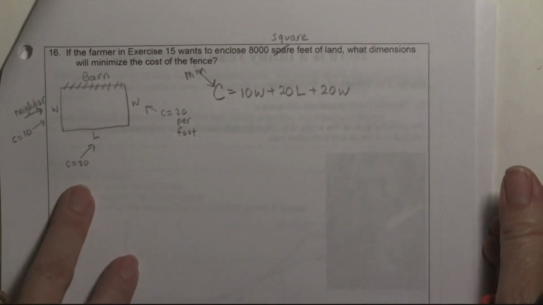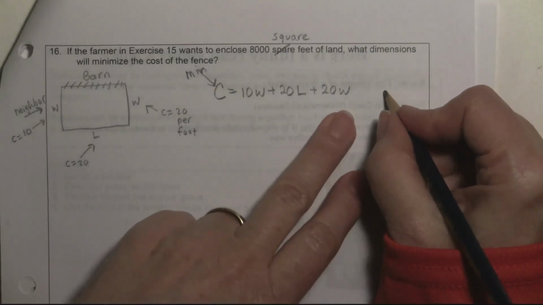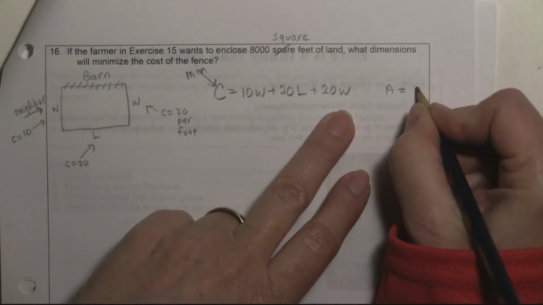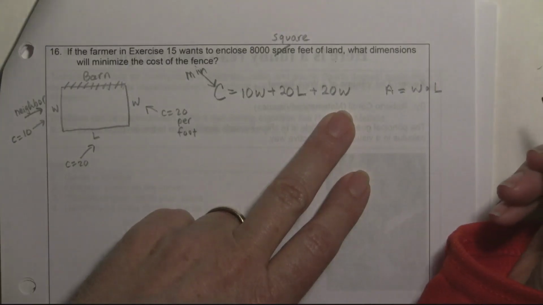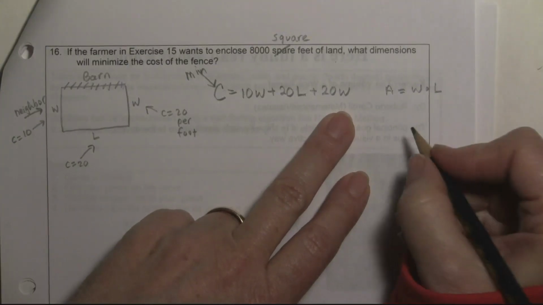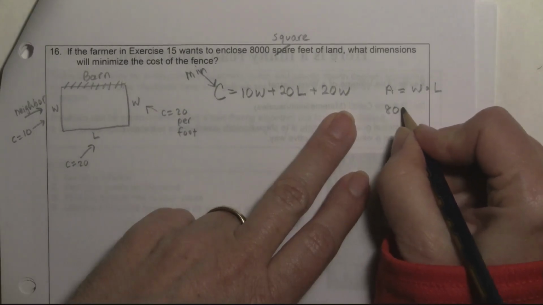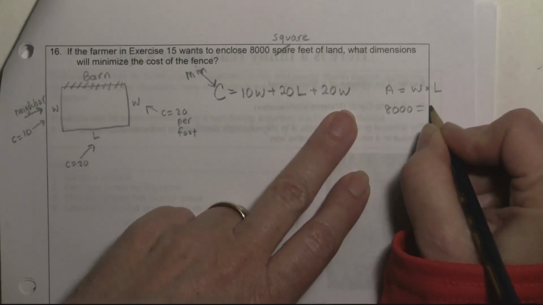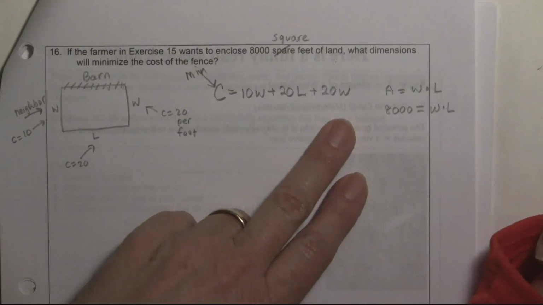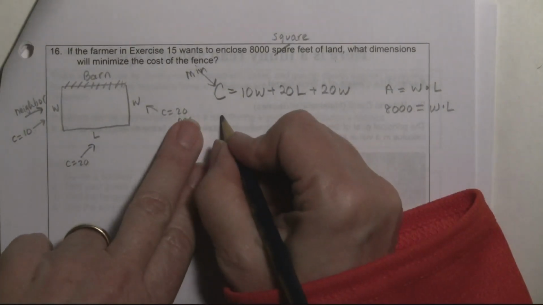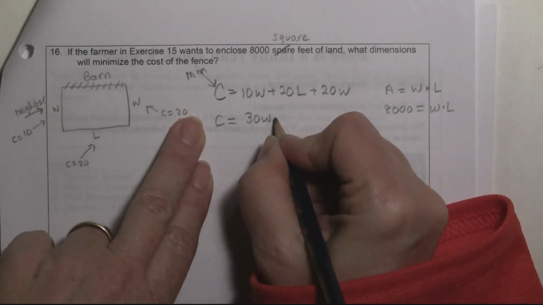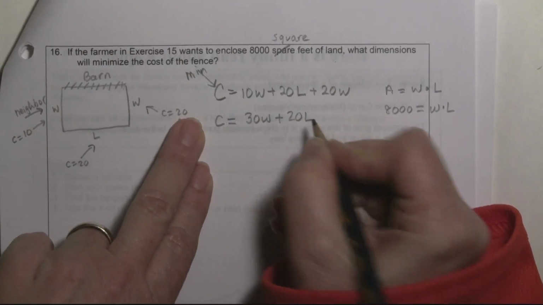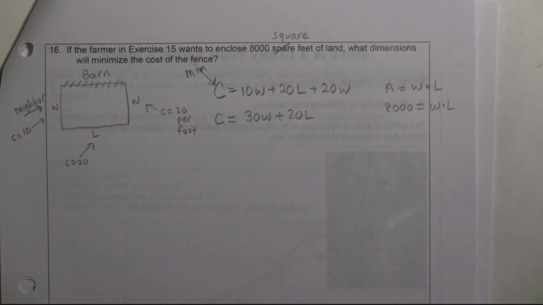And we want the area, which is W times L, to be 8,000. We want 8,000 to be equal to W times L. And so this cost that I want to minimize is 30W plus 20L, just like in the last problem. It shouldn't be different than that.